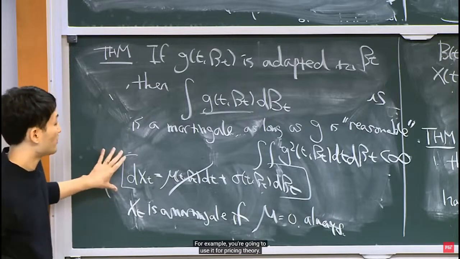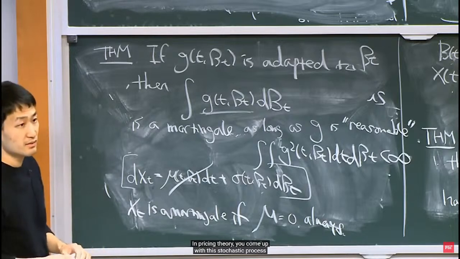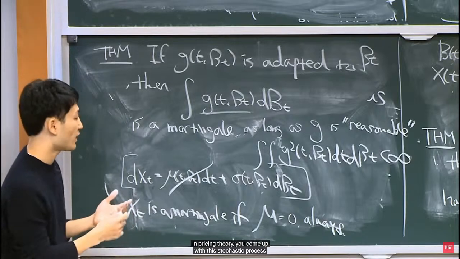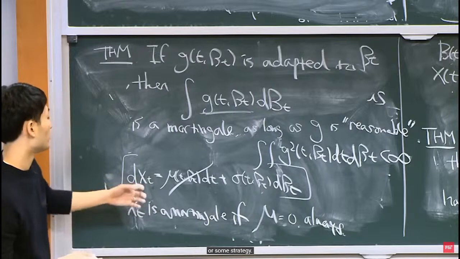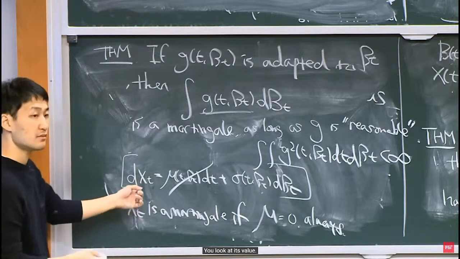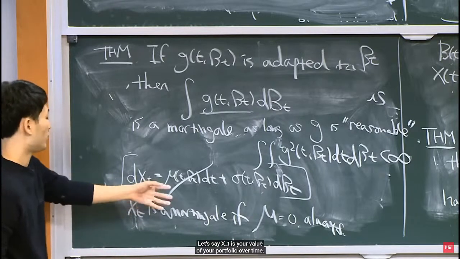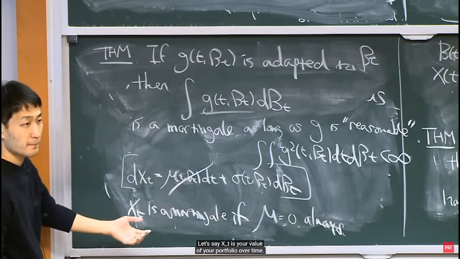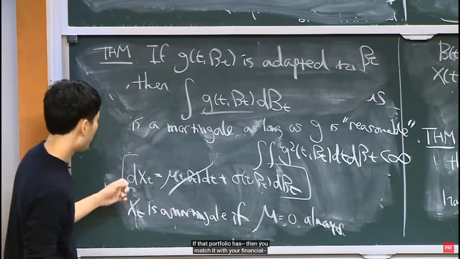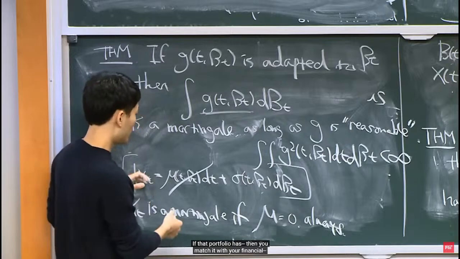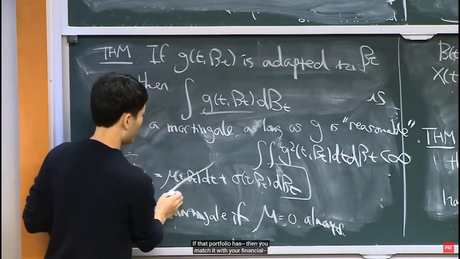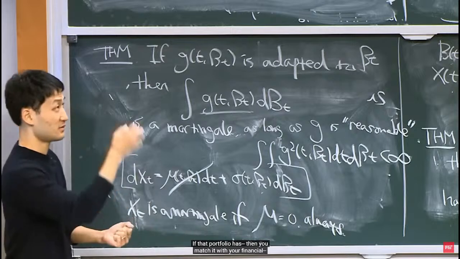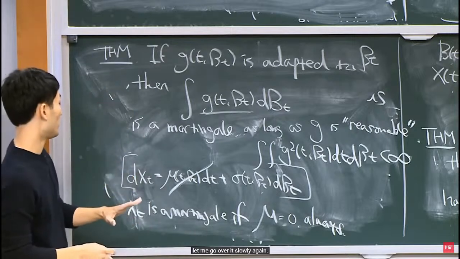For example, you're going to use it for pricing theory. In pricing theory, you come up with this stochastic process or some strategy. You look at its value. Like, let's say Xt is the value of your portfolio over time. Let me go over it slowly again.